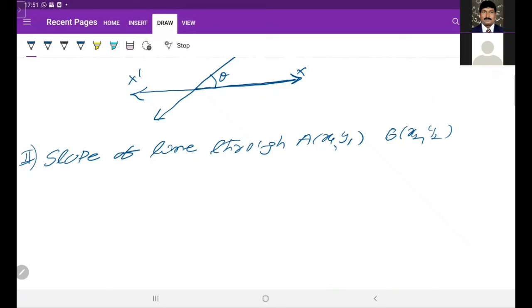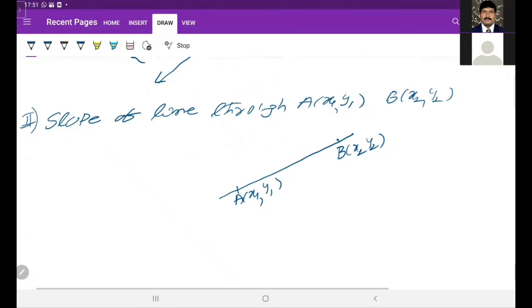Slope of a line through A(x1, y1) and B(x2, y2). So this is the line now. So A(x1, y1) and B(x2, y2). Okay, two points are there on the line. Only two points? No, infinite points are there on the line, but A(x1, y1) and B(x2, y2) are what we know.